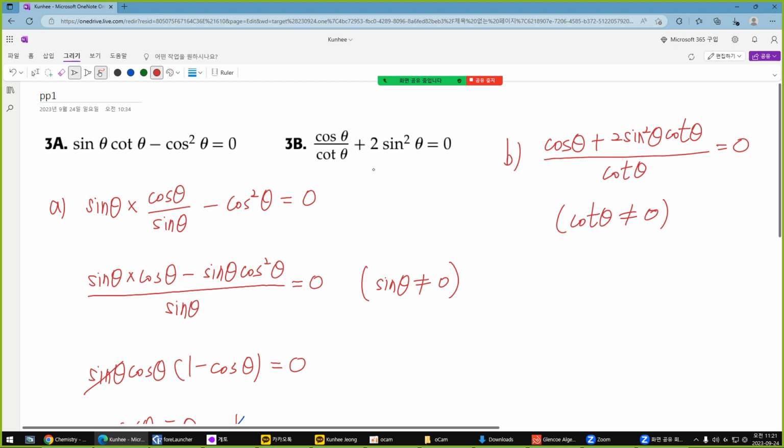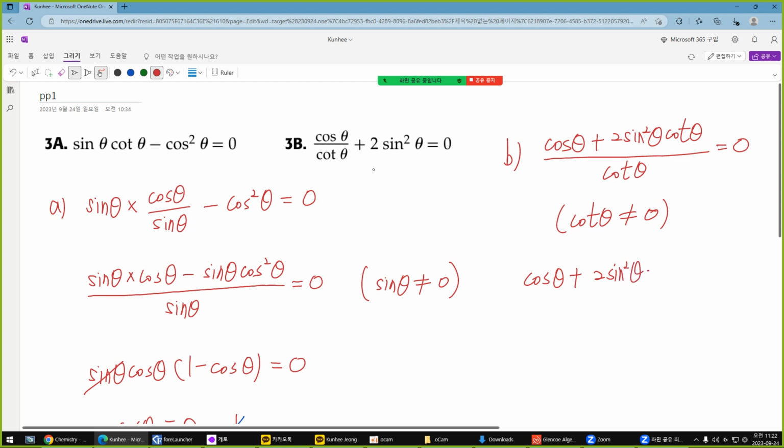And for the numerator, we can simplify the second term because cotangent theta is cosine over sine.